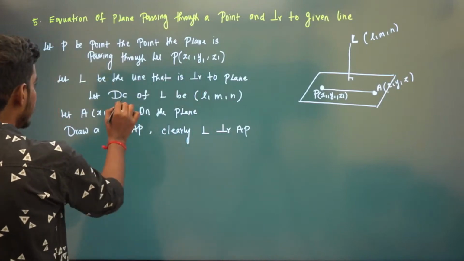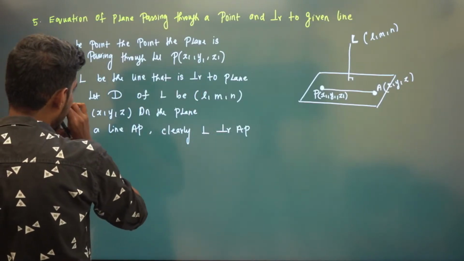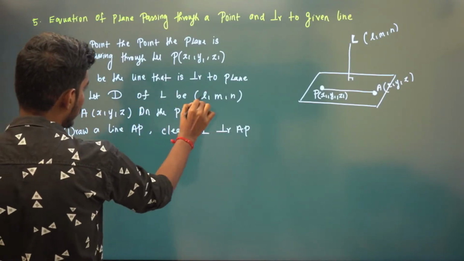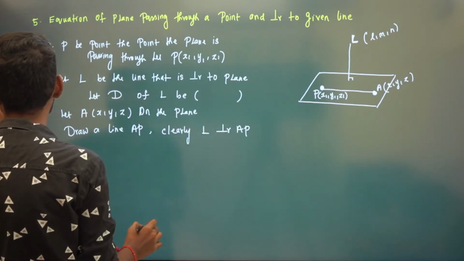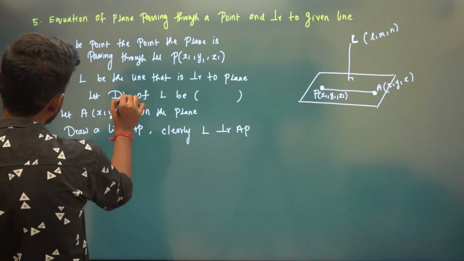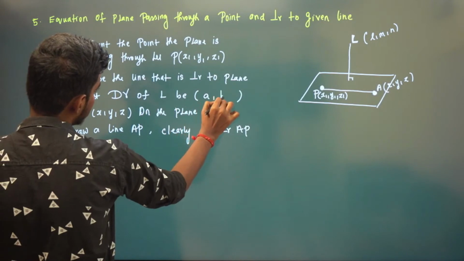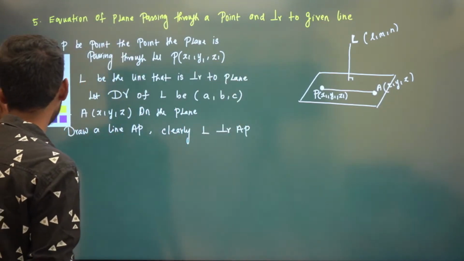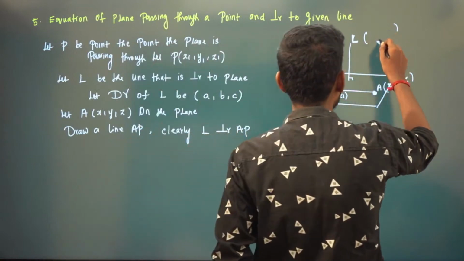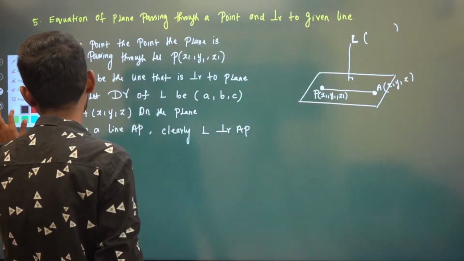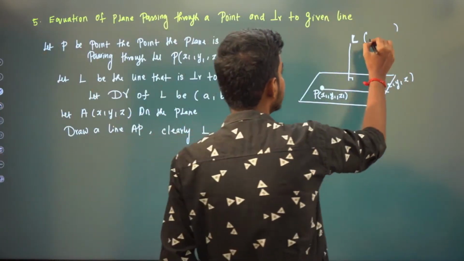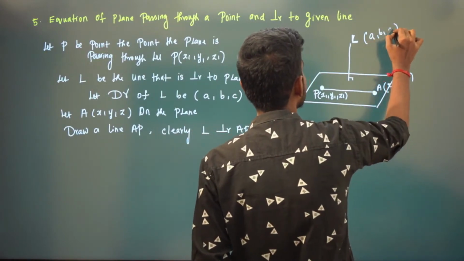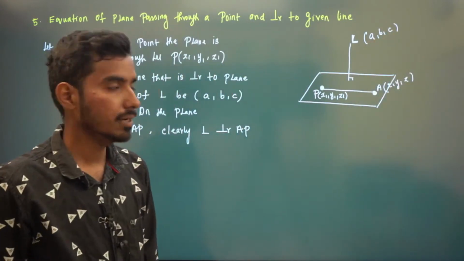So let the direction ratio of L be a comma b comma c. I will derive this in terms of direction ratio, right?